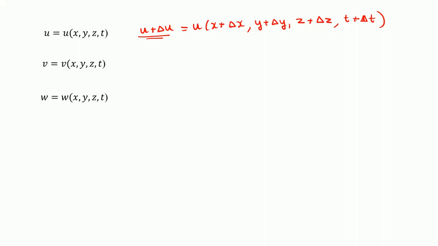And in a similar way I can have v plus delta v is equal to v of x plus delta x, y plus delta y, z plus delta z and t plus delta t. It is very important that we write it, students.